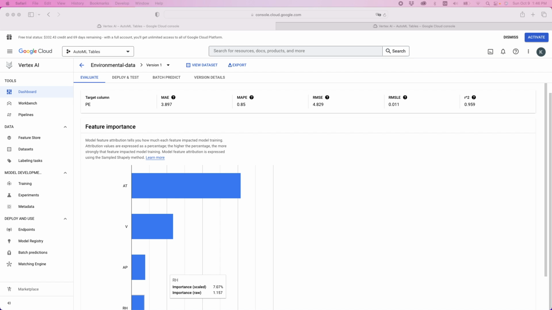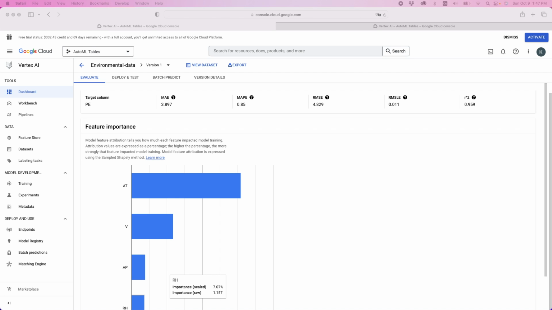We will build two different models, and we will evaluate those models based on various criteria, which I'll describe in a minute.